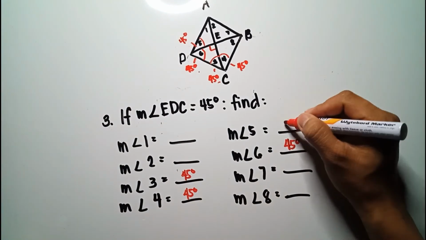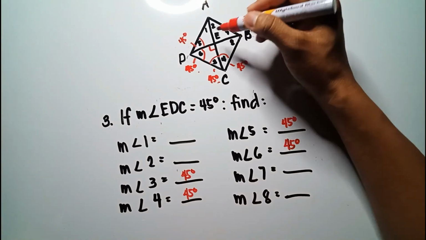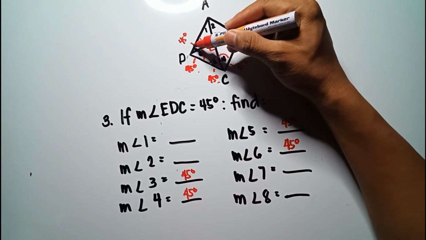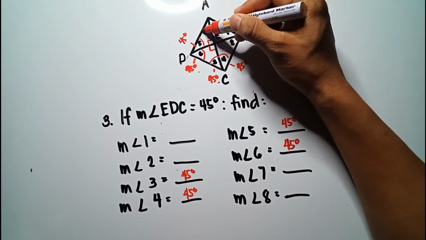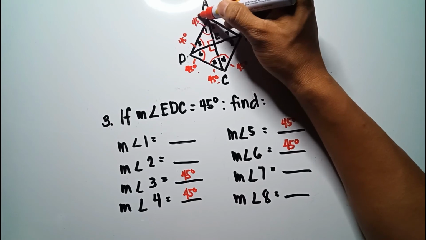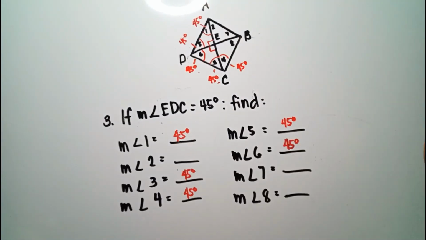Now, since this is a right angle, 90 plus 45 is 135. To make it 180, angle 1 is also 45 degrees.